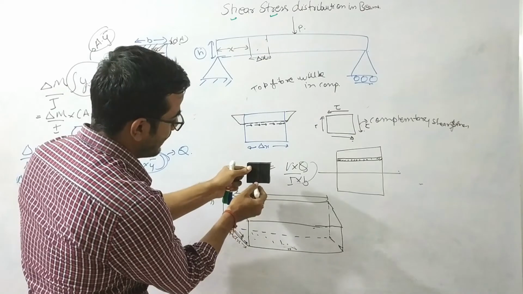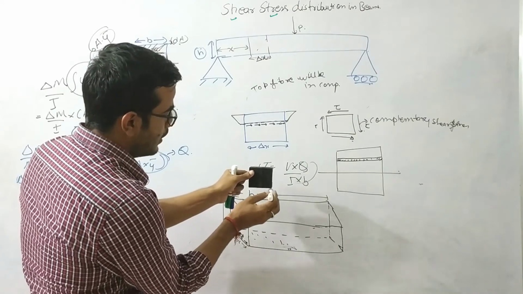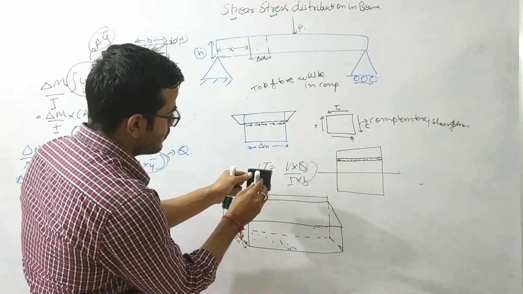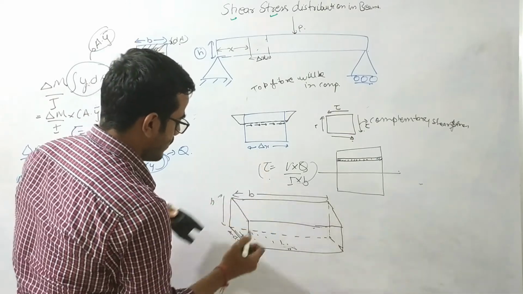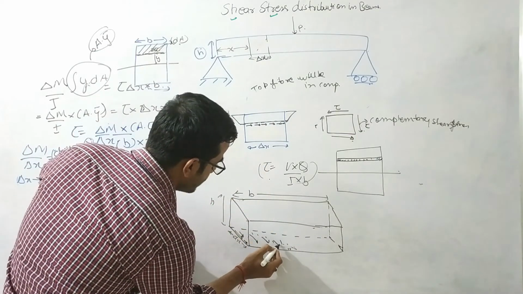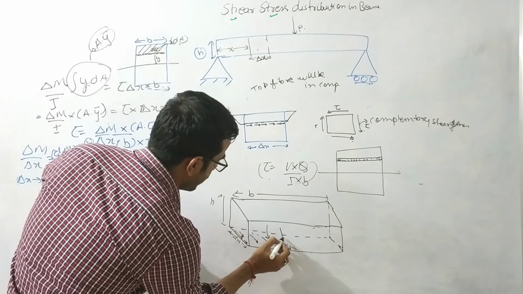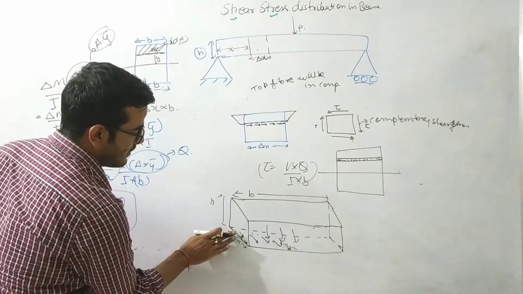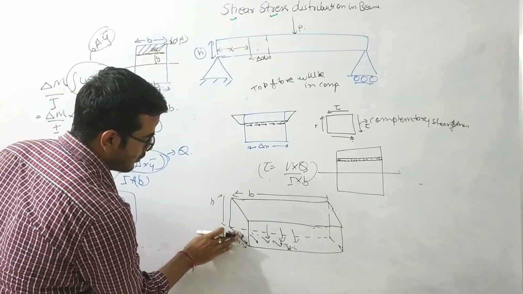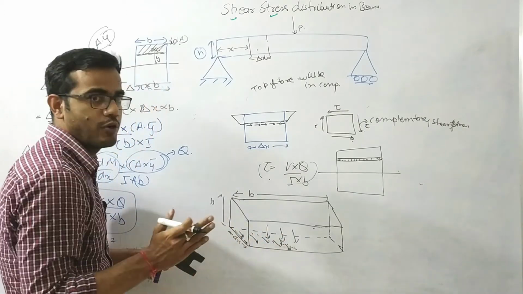The shear stresses will be acting in this direction. The complementary of which will be in this downward direction. The shear stress acting in this horizontal plane and the vertical plane are perpendicular to each other.